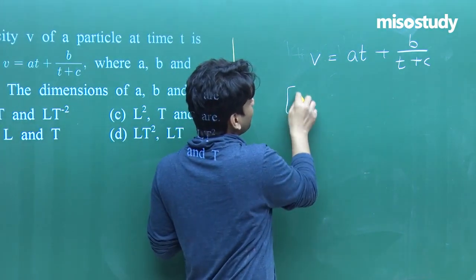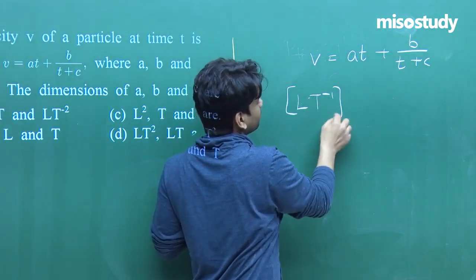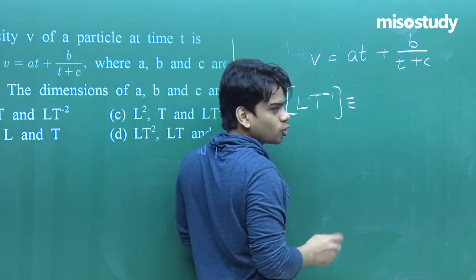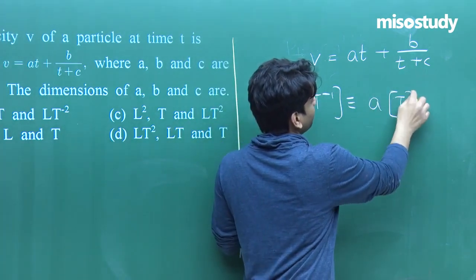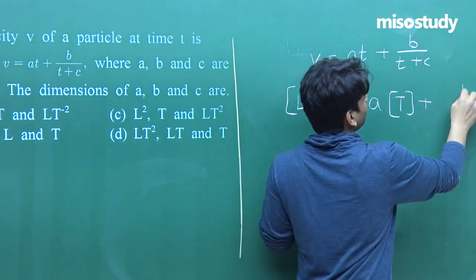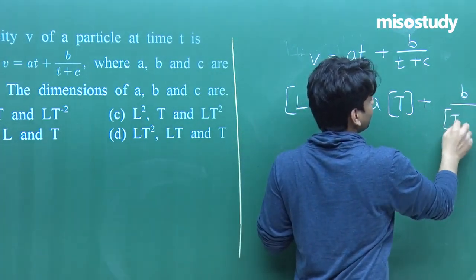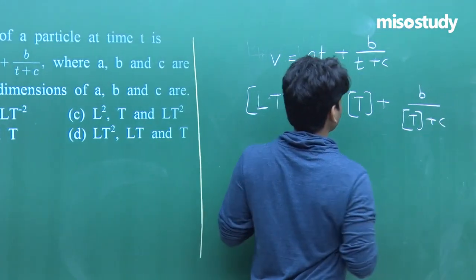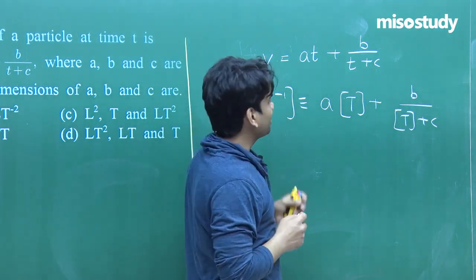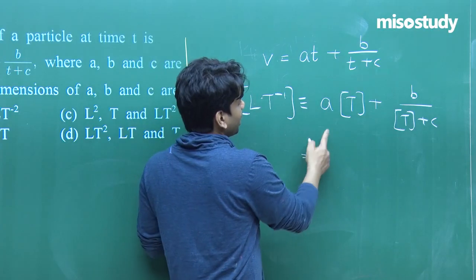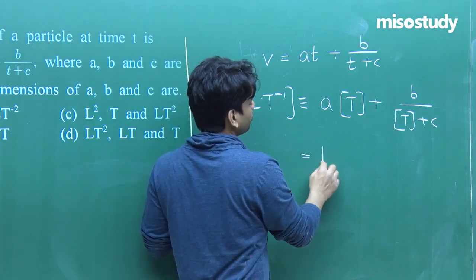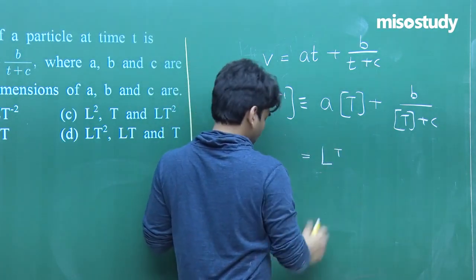The left hand side dimension is L t power minus 1. The right hand side dimension should be also same. So this is a into dimension that we have t plus b we have, here we have t and here we have c. So every term should be having the same dimension. To make it dimensionally correct at every part, a should be equal to L t power minus 2.